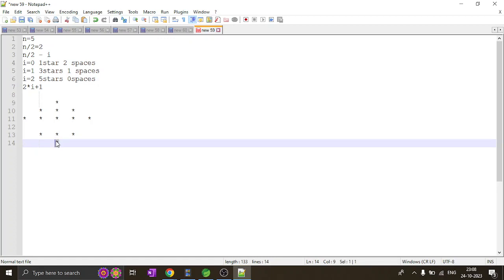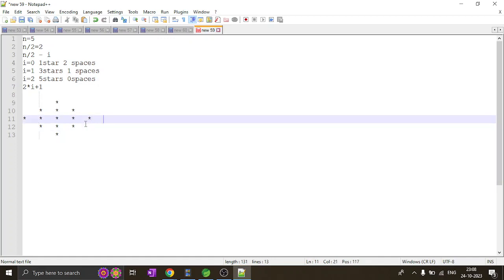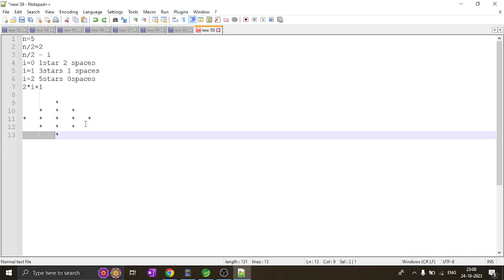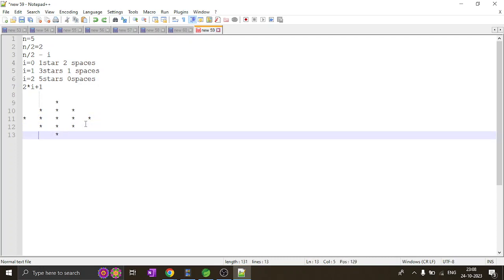So I can't find any relationship for these stars. So let's try to print it using the old school conditions approach, right? Like this is a typical space problem, right? So let's try to print the spaces first.